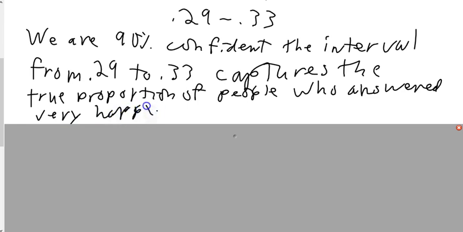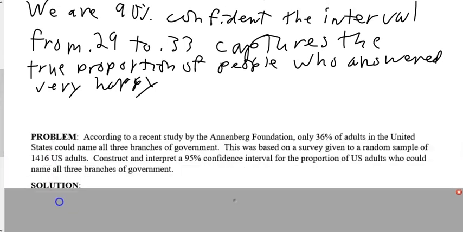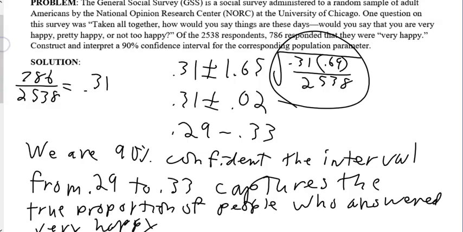That's it. So we are whatever percent confident the interval from blank to blank captures the true proportion. That's the same every time. And just go back to your story problem and capture the basic gist of it. That's it. Very happy.